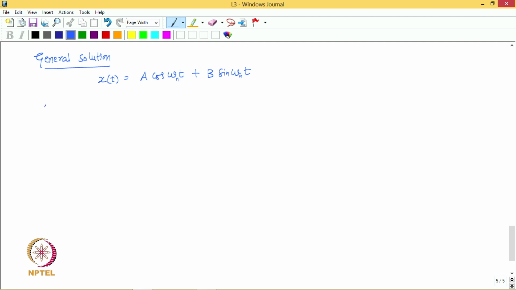Now, here a and b are arbitrary constants, and they depend on the initial conditions on the motion of the mass.